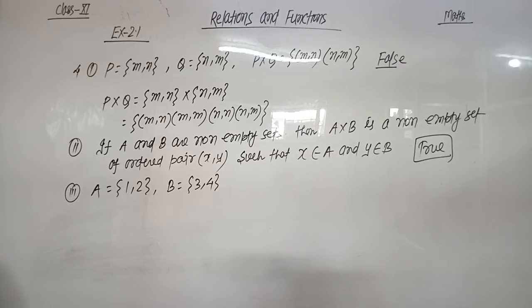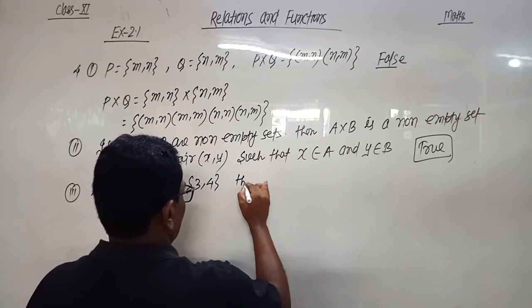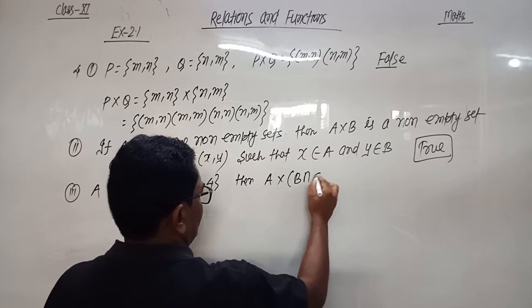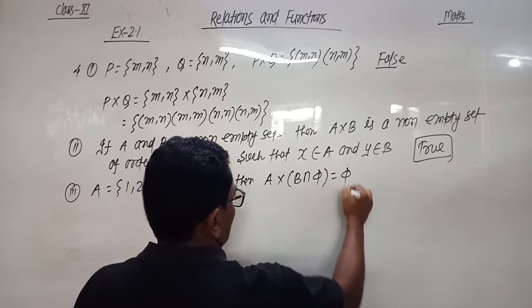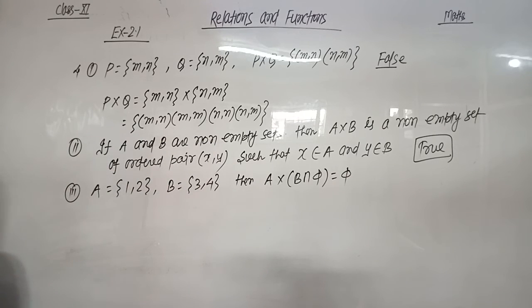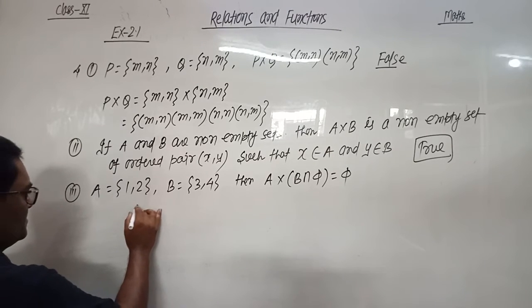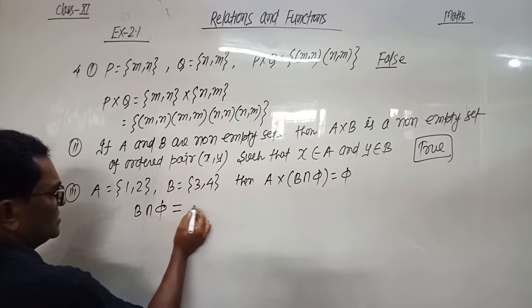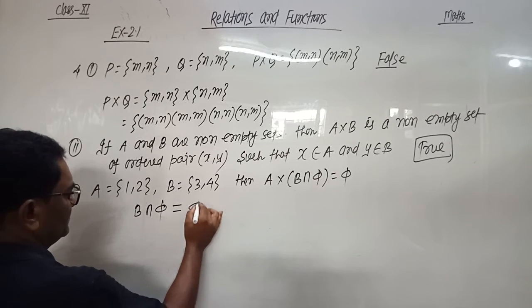Then A cross (B intersection phi) equals phi. So this statement is also true, because B intersection phi equals phi.